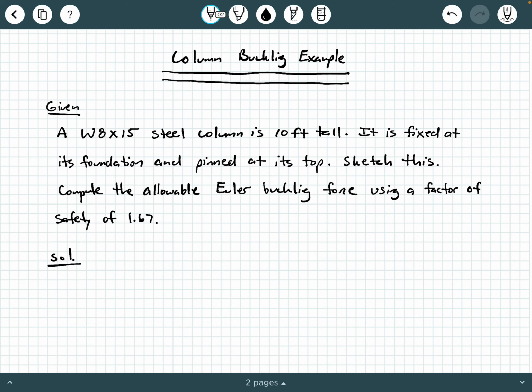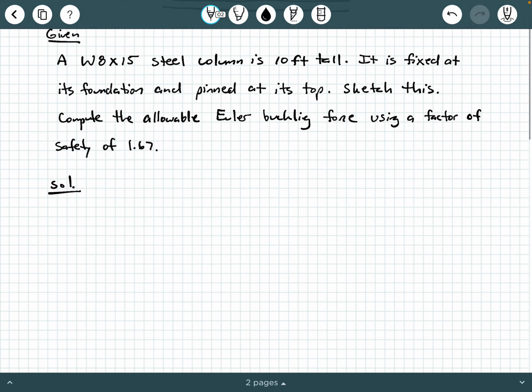Under solution, the first thing we're going to note is where we get the section properties of this W8 by 15. There are lots of sources that can give you cross-section properties of a steel W8 by 15 column. I'm going to summarize them right here.